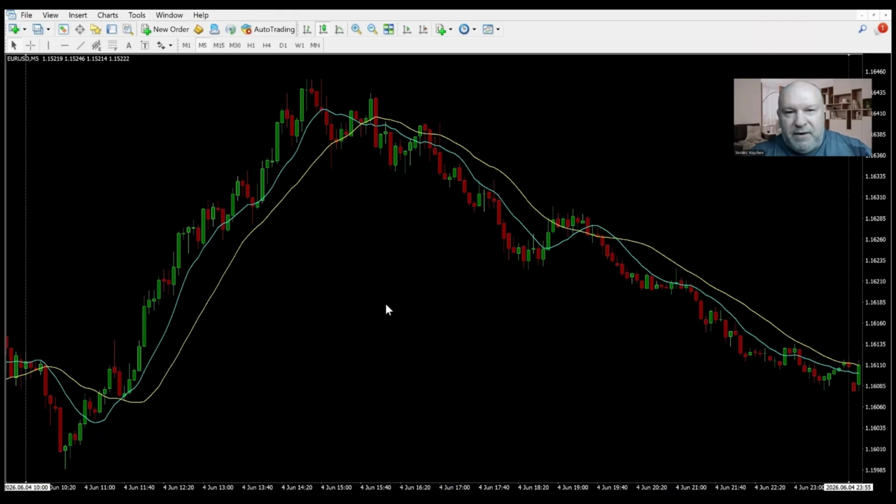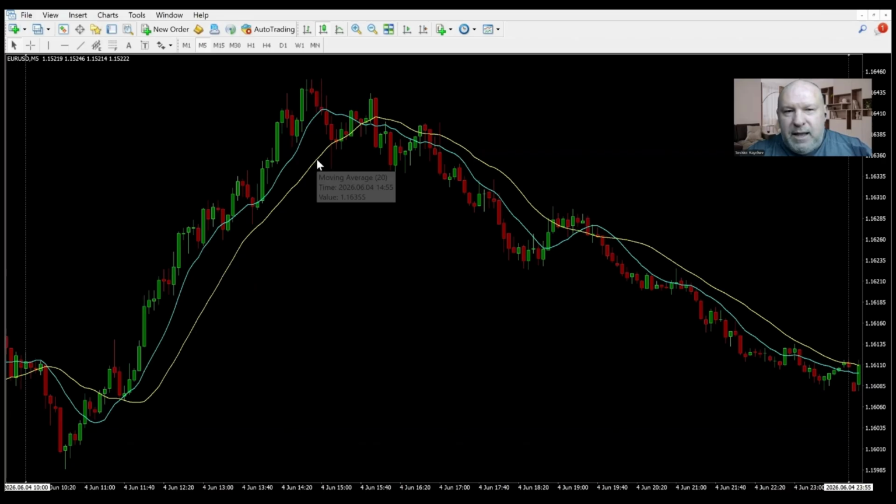Every respected trading platform and broker offers these indicators for free. It doesn't matter if you use TradingView or MT5 or anything. I like MetaTrader 4 because I've used it since the very beginning, and I'm coding my indicators even on this platform. So anyway, let's start with this.